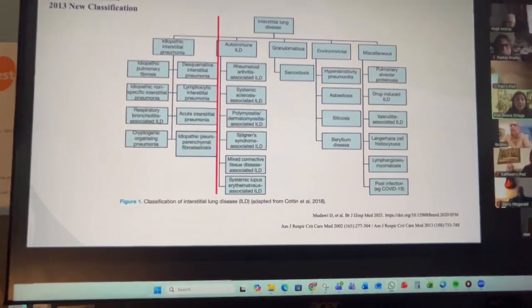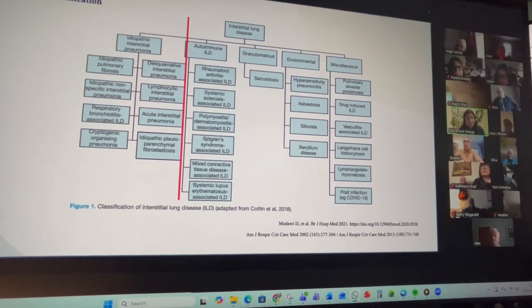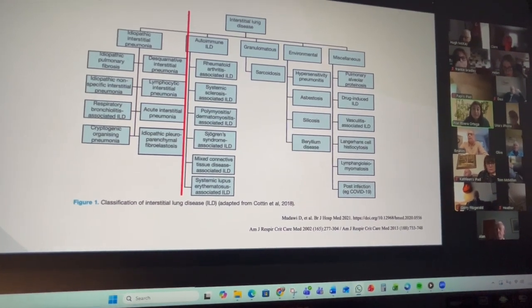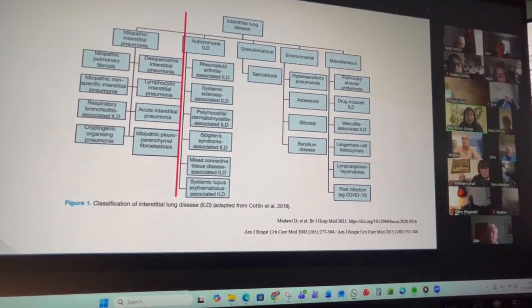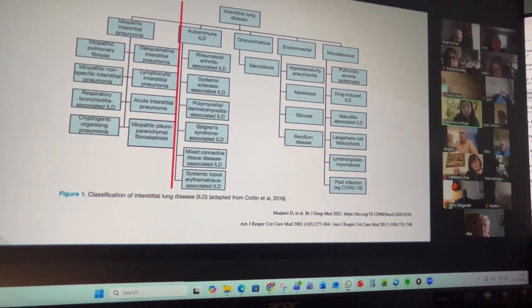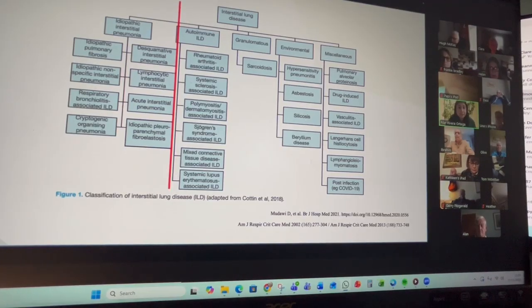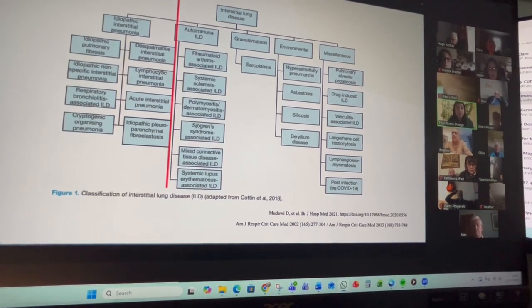And if they have a family history of interstitial lung disease, we will call them familial interstitial lung disease.